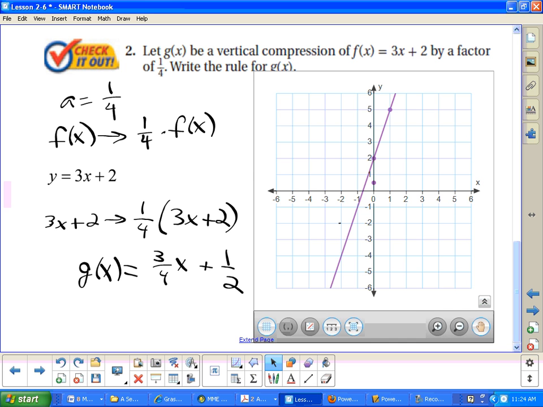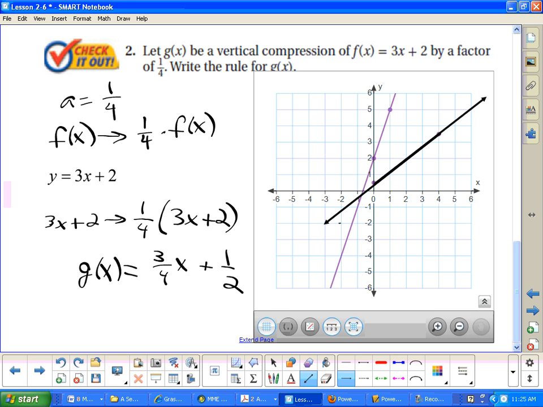Then if I draw that line, that line there would be pretty close.